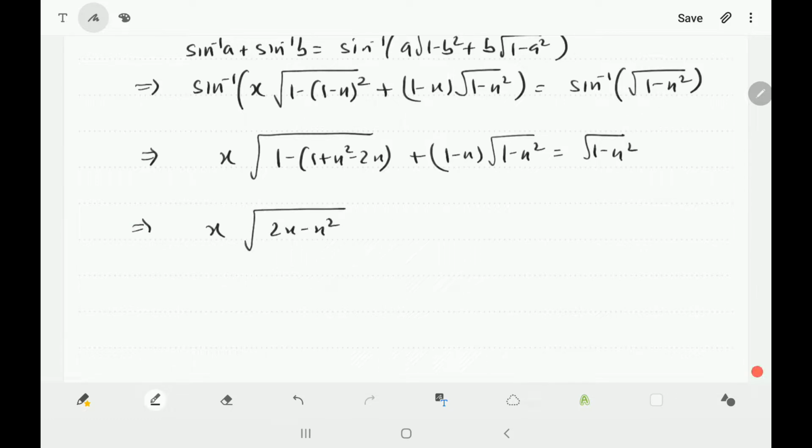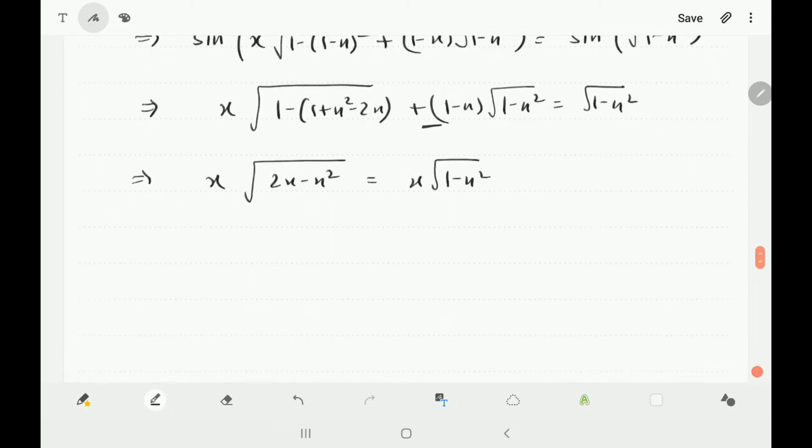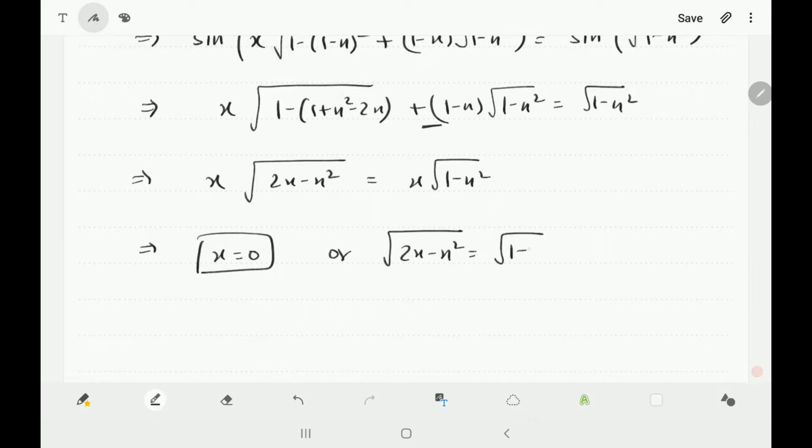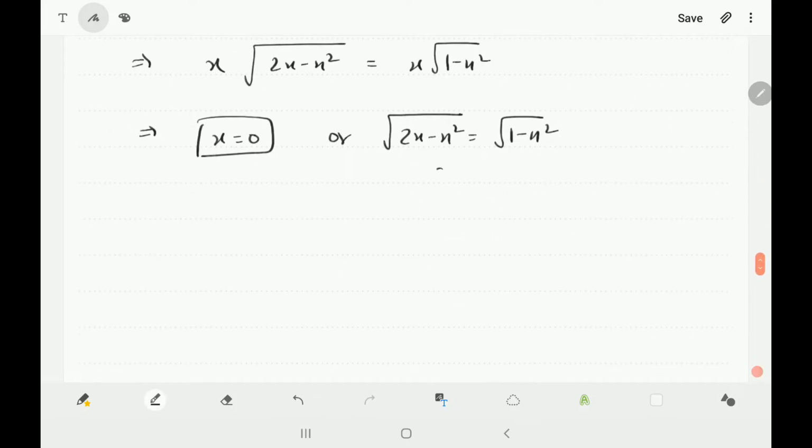If you take this term on the right hand side, you will get x under root of 1 minus x square, because it will go to that side and become x minus 1 plus 1. So clearly we have one root, x is equal to 0, or under root of 2x minus x square is equal to under root of 1 minus x square. Squaring both sides, we get 2x is equal to 1, that is x is equal to half.